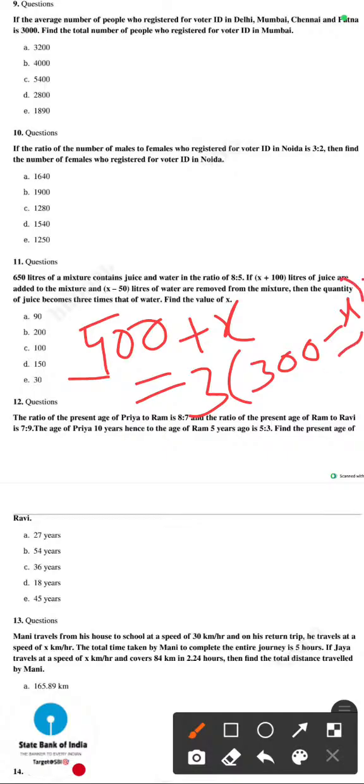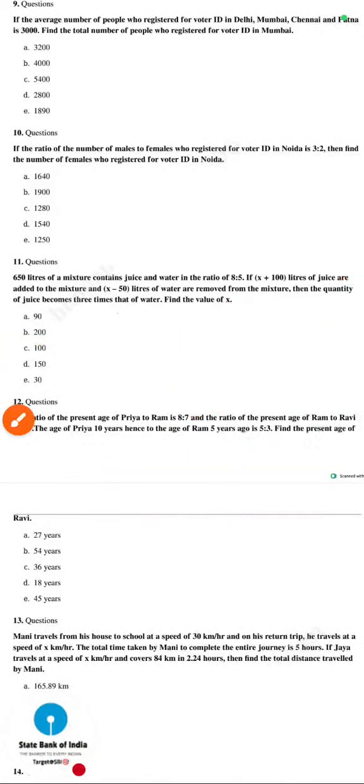So this is the equation we have. For this equation we got 900 minus 500, which will be 400. 400 equals 4x. So x value will be 100. So option C is our answer for this question.